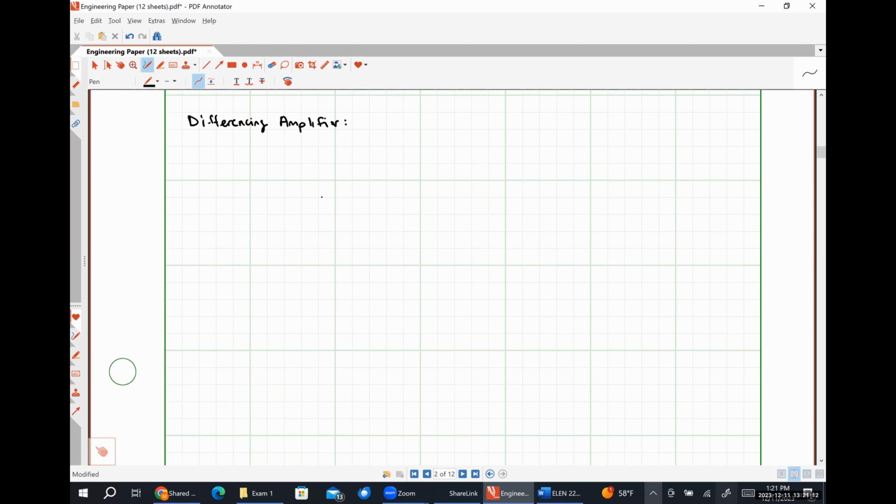So in a differencing amplifier, we have our op amp. I'm going to put the inverting input terminal on top, VCC plus, VCC minus. Here's my negative feedback.